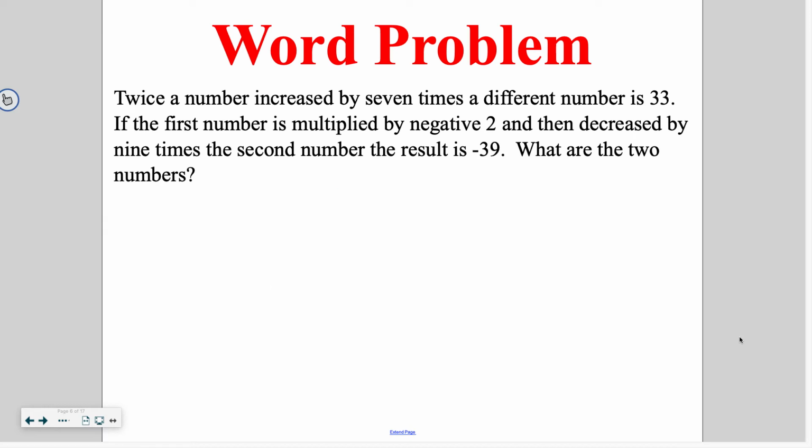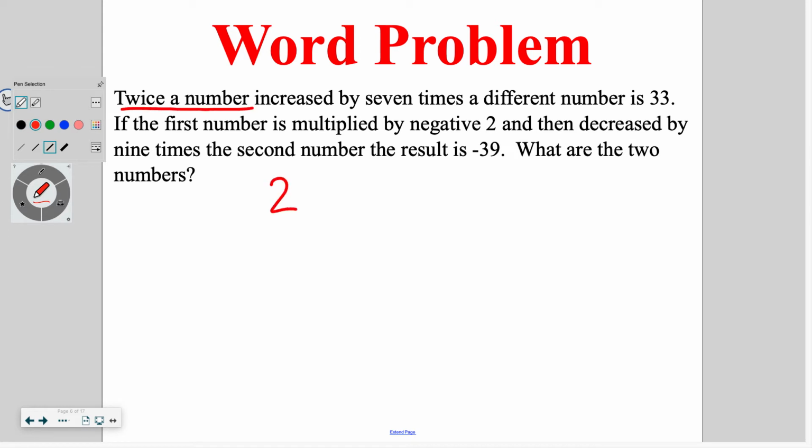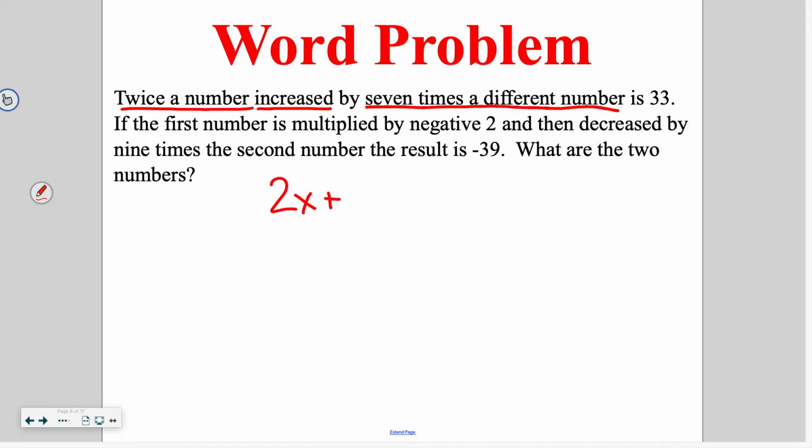Next thing we're going to do is a quick word problem. So twice a number increased by 7 times a different number is 33. So we have twice the first number, so I'm going to say that's 2x, and then we've got increased, so plus, by 7 times a different number, so 7 times a second number, I'm going to call it y, and then we've got is 33.